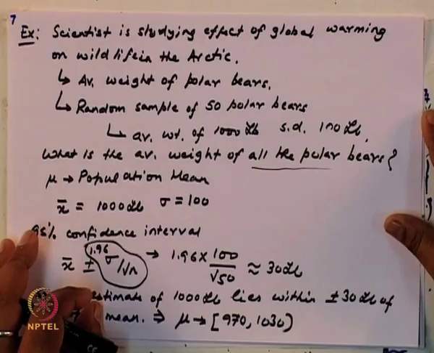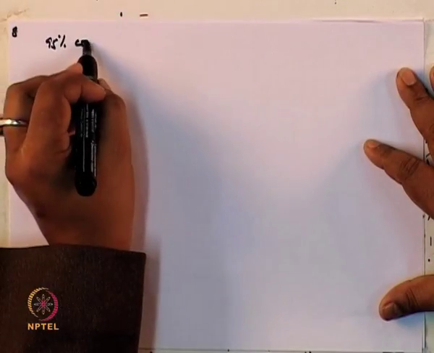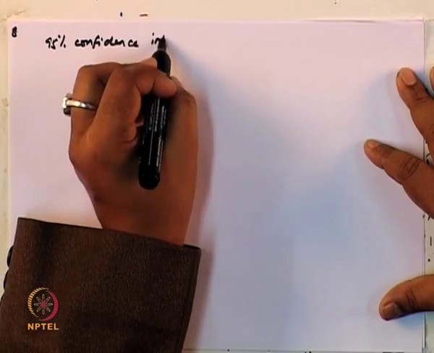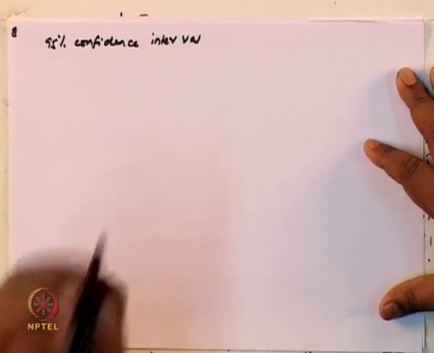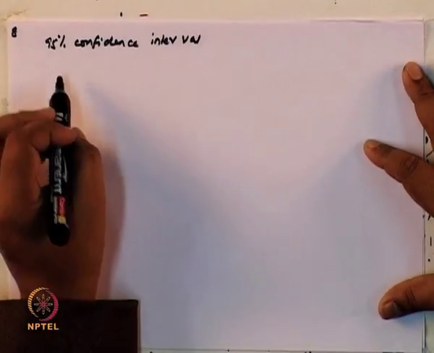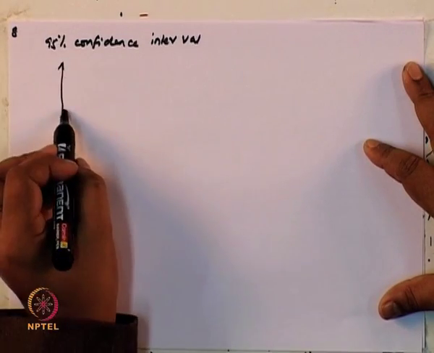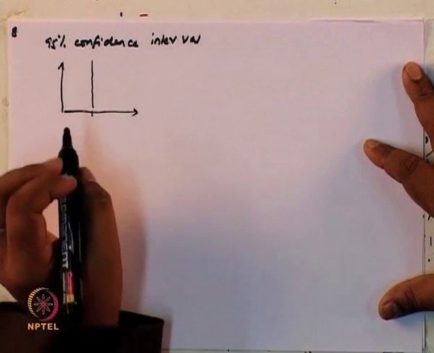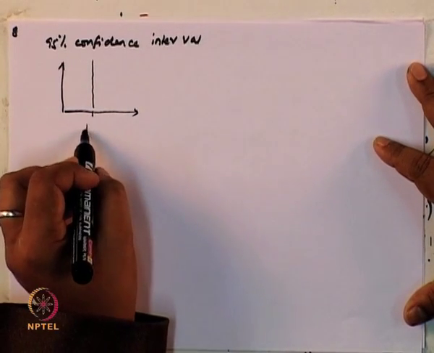So, with 95% confidence, you can say that the mean is going to be lying between this and this. What exactly does this 95% confidence interval mean? Slide 8. What do we mean by saying 95% confidence? Imagine this is your true population mean.